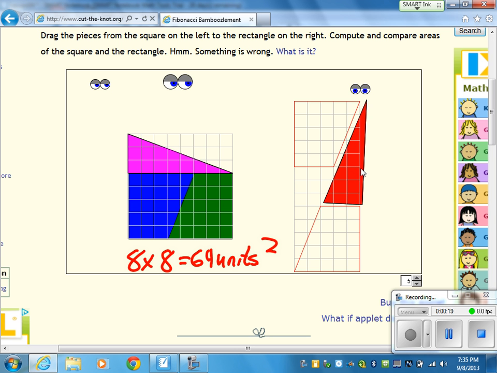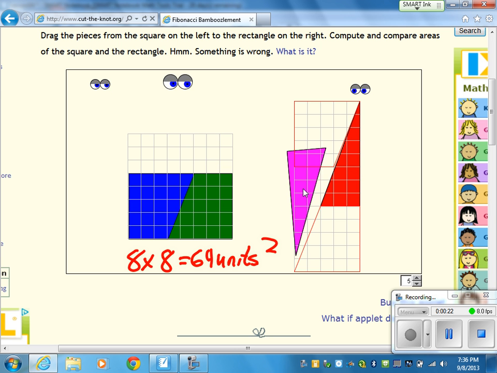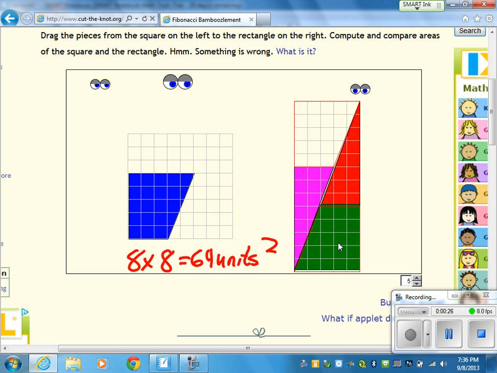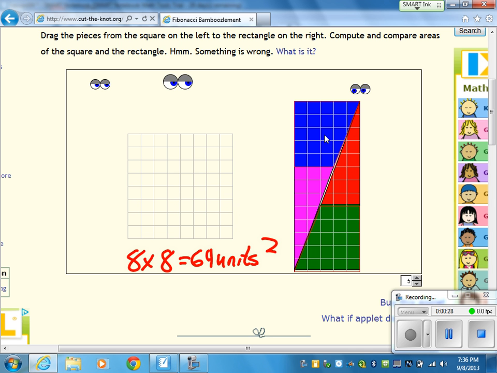When we move the shapes over, we get a rectangle that is 5 by 13, which is 65 units squared. How does this work? It shouldn't. Think about it. See if you can figure out what's going on there.